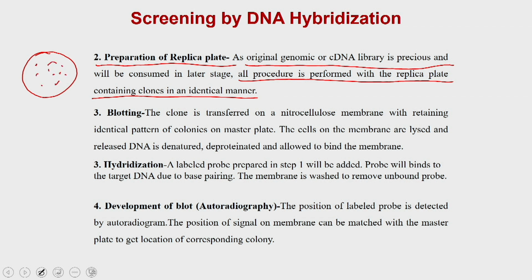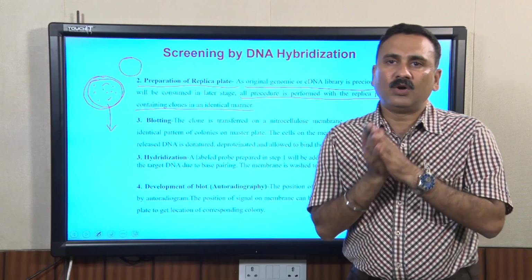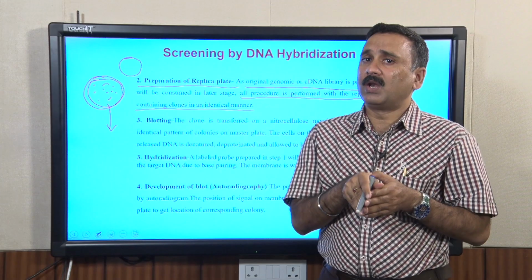You take a nitrocellulose membrane filter, put the filter on top of your library, and then take it out, and by doing so some of the bacterial colonies stick to your replica. To make the identification easy, because at the end you have to superimpose your replica plate on your master plate to know which clone you are looking for.